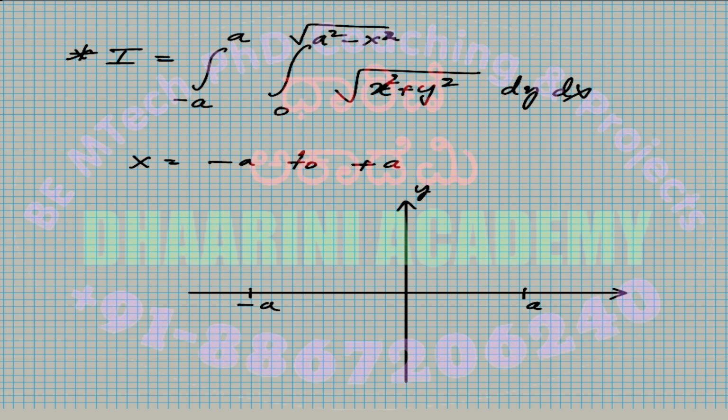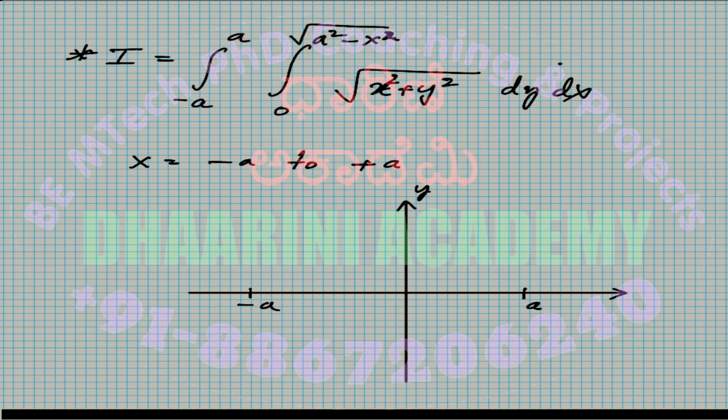Now, in order to cut the coordinates down to a lower number, I'll use the y. So x goes from minus a to a, and y is 0 to positive, right? Y is 0 here, and to the positive means it is here.